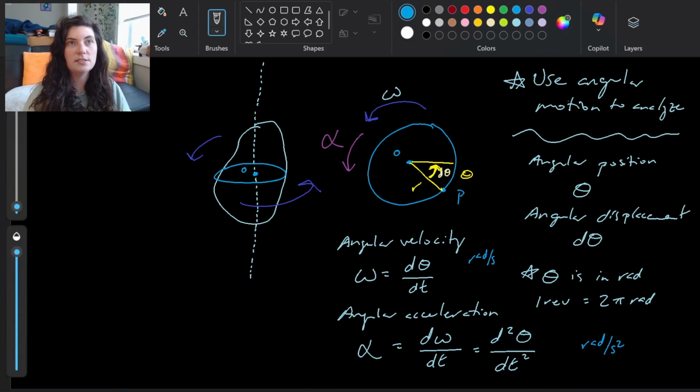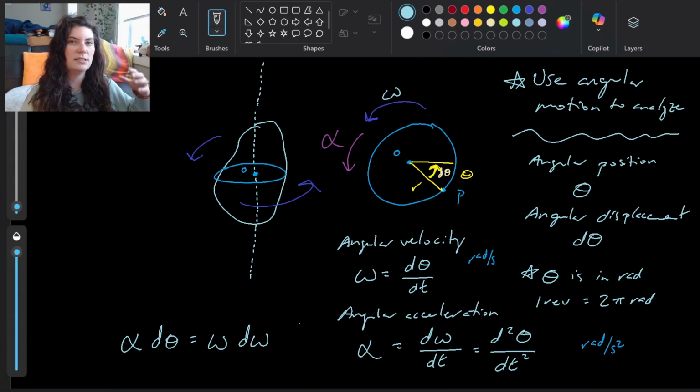And so lastly, since all of these relationships have been extremely similar to what we've seen with our linear kinematics, it holds true that we can also use our relationship alpha times d theta equals omega times d omega.